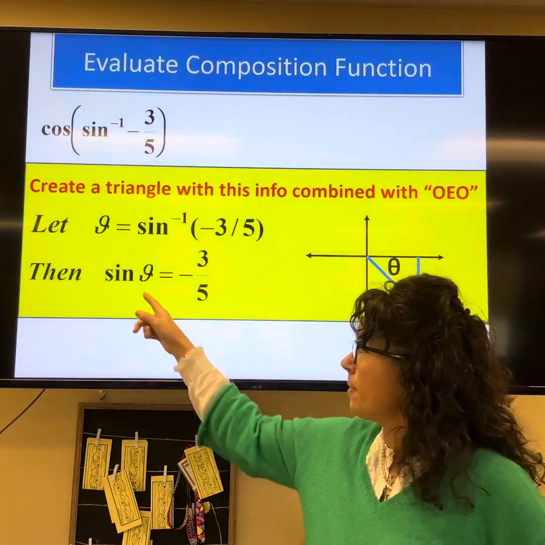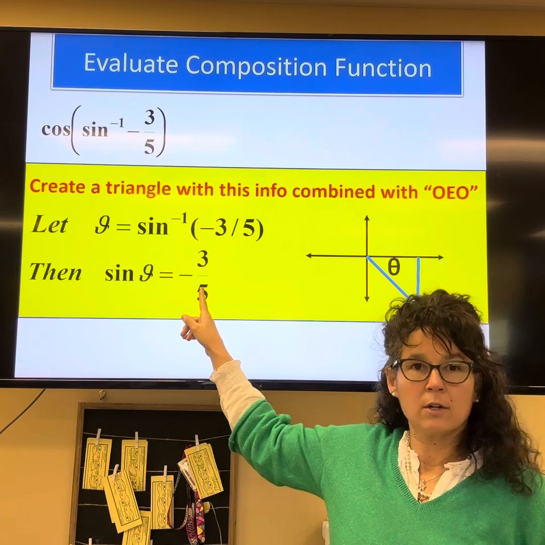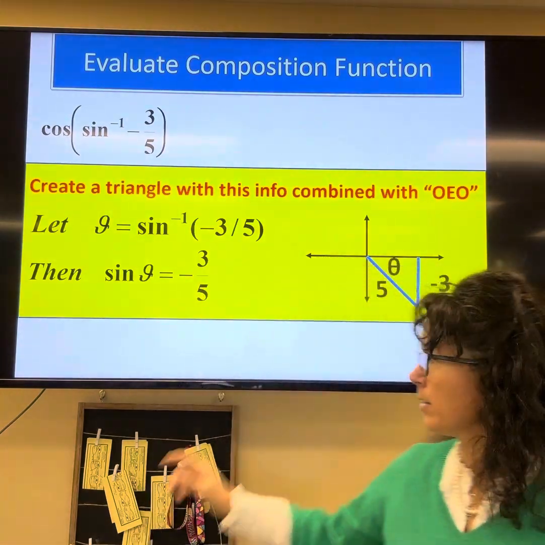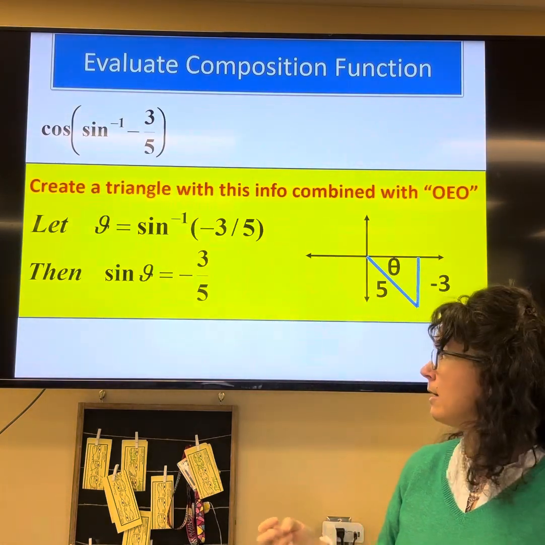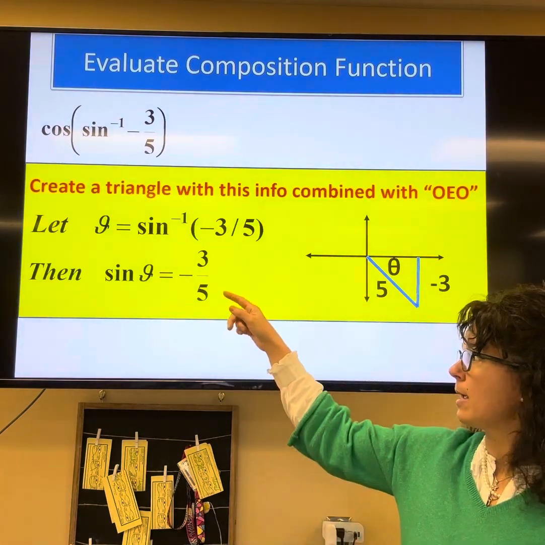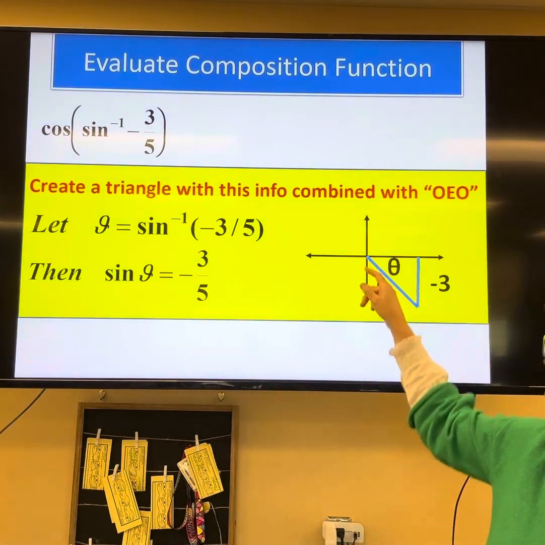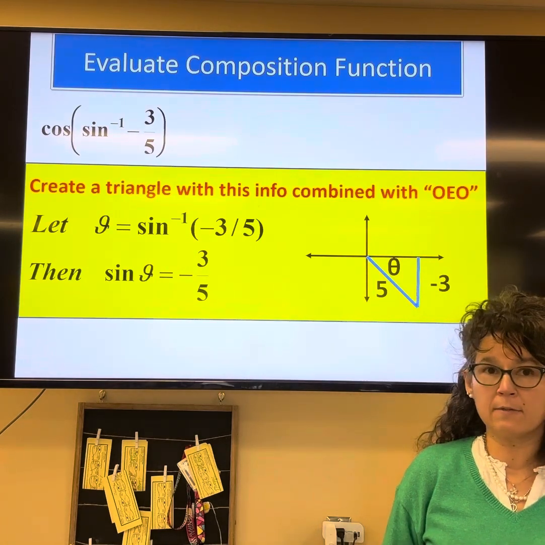Okay, but my shortcut is that I call that our SAM-I-AM or OEO. All right, now SOHCAHTOA, this is opposite over hypotenuse. So I'm going to put these numbers in. Another quick reminder, because this fraction is negative, you might not realize if you should make the 3 negative or the 5 negative, but every time you're on one of these triangles, the hypotenuse is always a positive number.